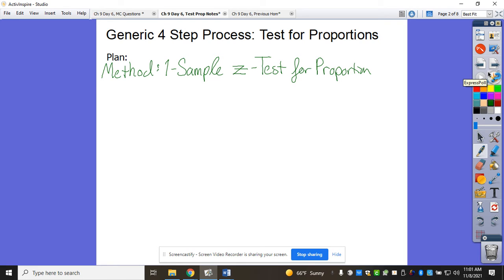Alright, so check conditions. Remember, I don't ever care if you actually write words for check conditions. What's my first condition? And that one hasn't ever changed. We write what there?